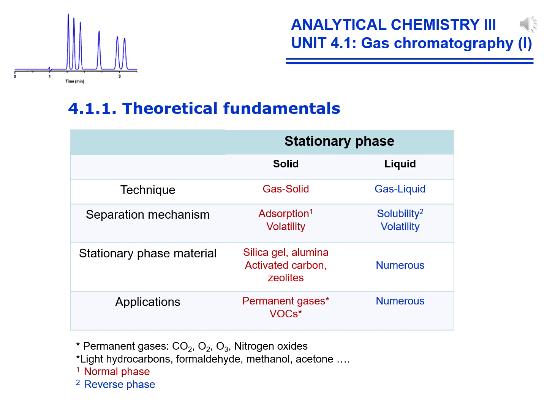So, attending to the stationary phase polarity, this is mainly normal phase chromatography. Its current applications can be summarized as the separation of permanent gases, for example, carbon dioxide, oxygen, ozone, nitrogen oxides, and low boiling point compounds, such as formaldehyde, methanol, etc.